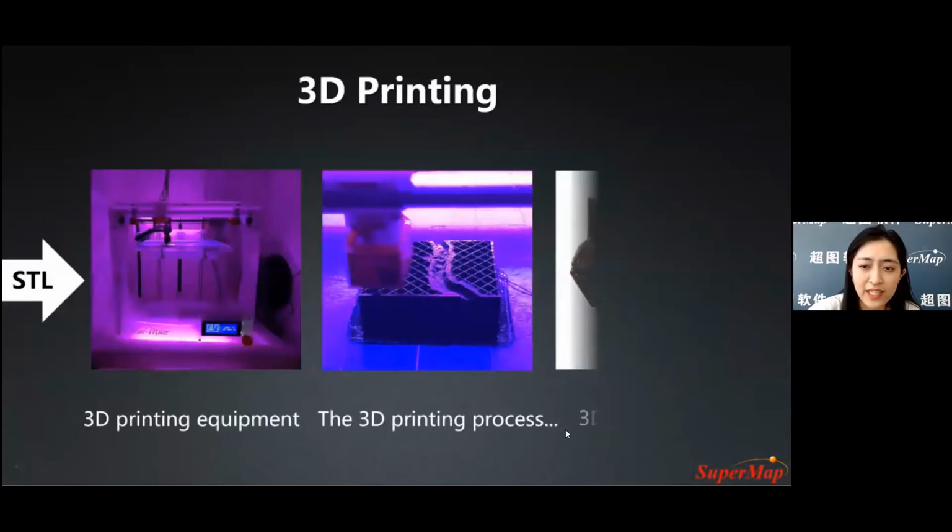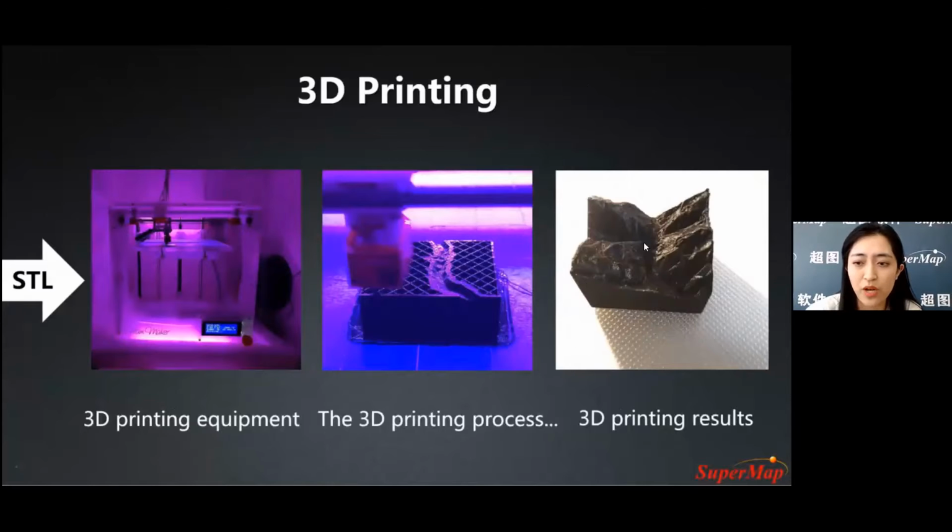In this way, the 3D printing equipment can print the three-dimensional volume model. This 3D printing application requires the support of the 3D solid model. So that is the 3D printing result.